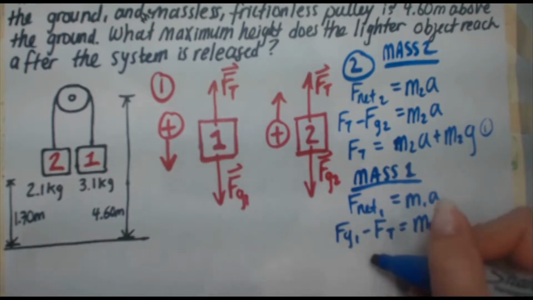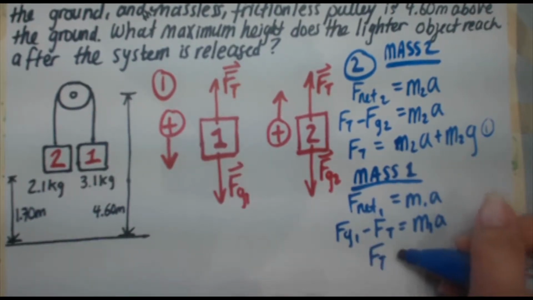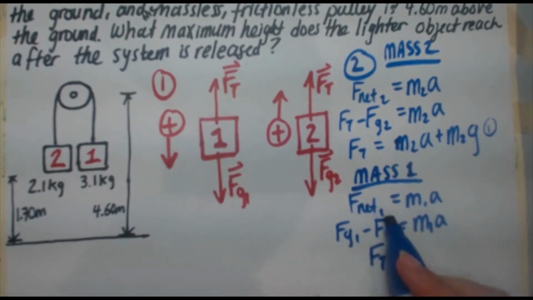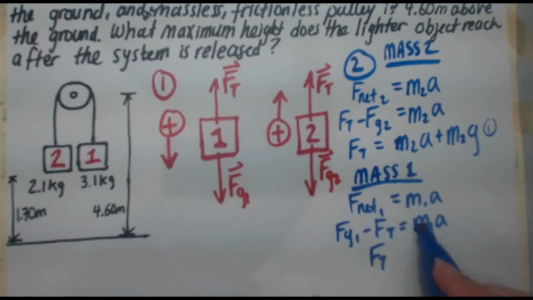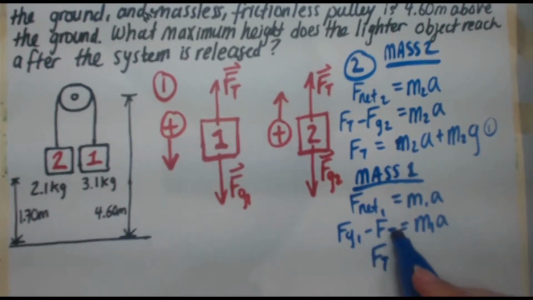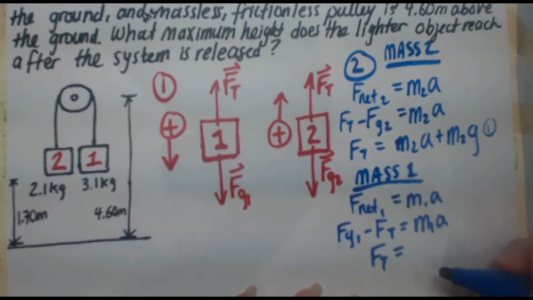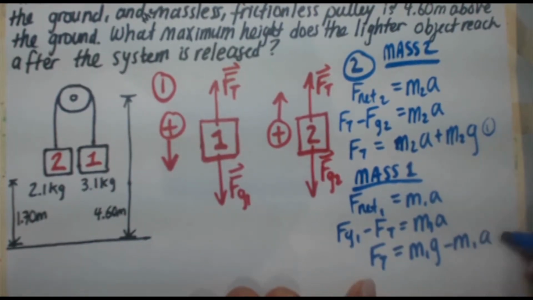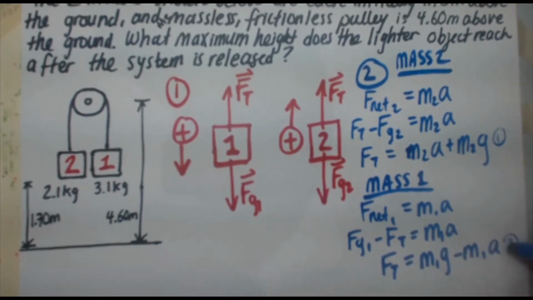Again, isolate for force of tension, Ft. Now, I'm going to do this in multiple steps, but the idea is this. Ft is minus, so imagine bringing Ft to the right and bringing m1a to the left. That would make Ft positive and m1a negative. Okay, so Ft is equal to m1g, that's coming from Fg1, minus m1a. Okay, so there's equation 2.